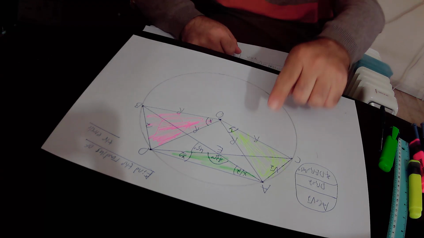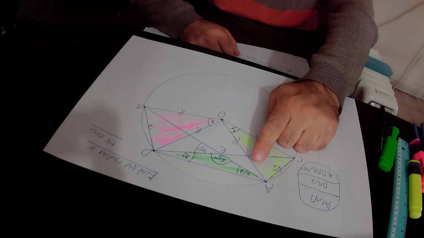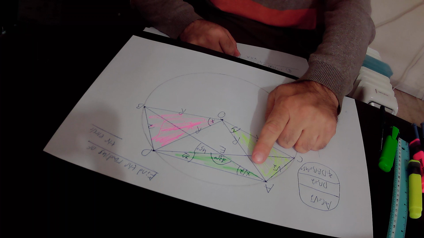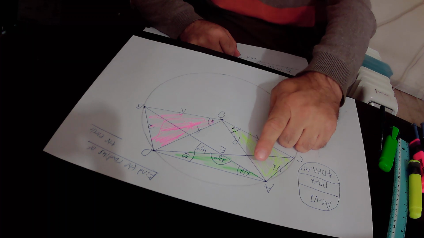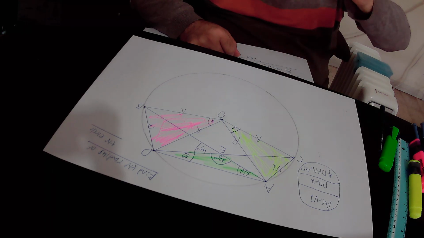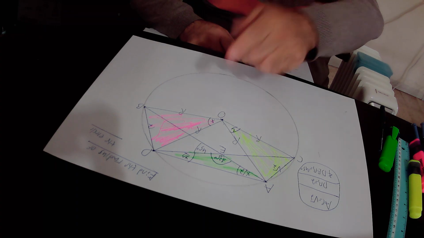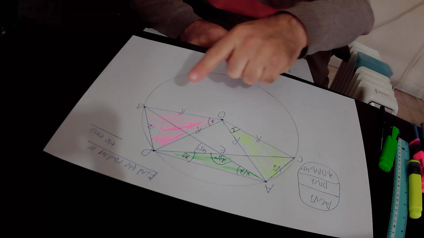we have this peripheral angle BAD. It is equal to x over 2 according to our definition. This peripheral angle BAD rests on chord DB, and it is equal to x over 2. Therefore, the central angle BOD that rests on the same chord DB must be equal to x.